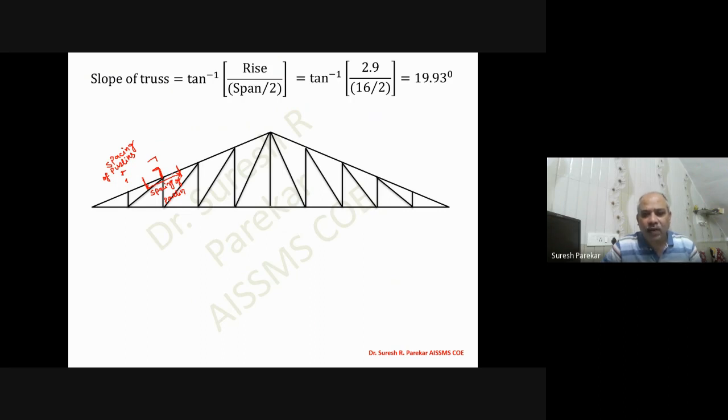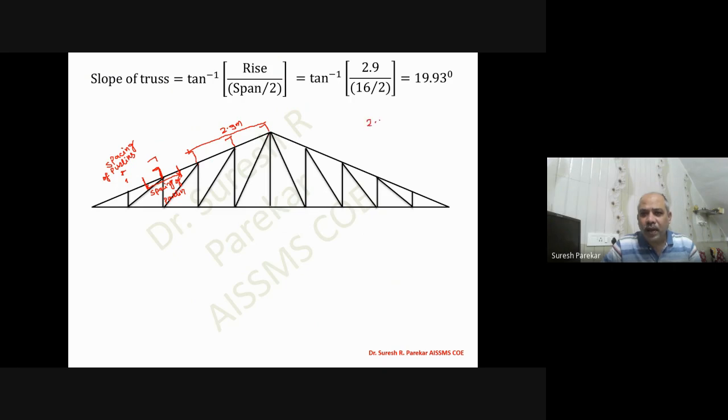Now, how are we going to decide the spacing of purlins? As we know the length of sheet, that will decide your spacing of purlins. If I have this length of sheet, suppose 2.9 meter, then 0.1 meter is considered for overlap.